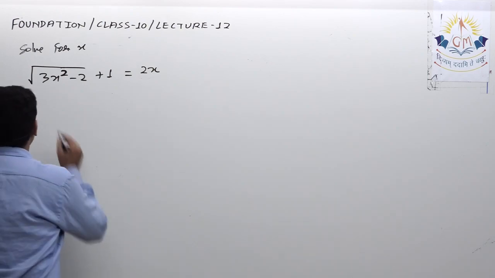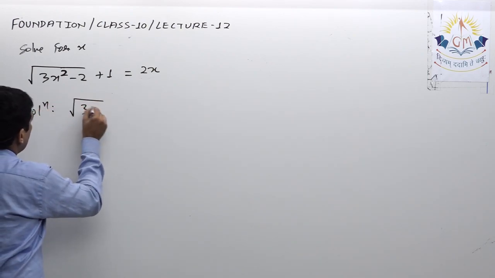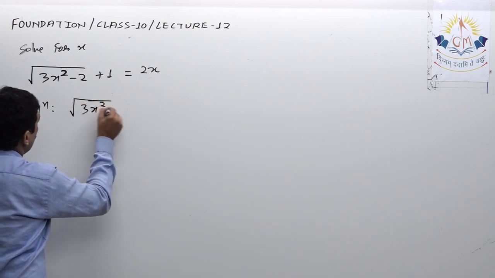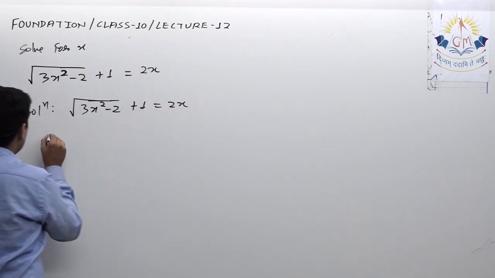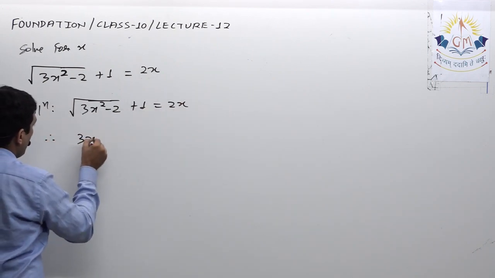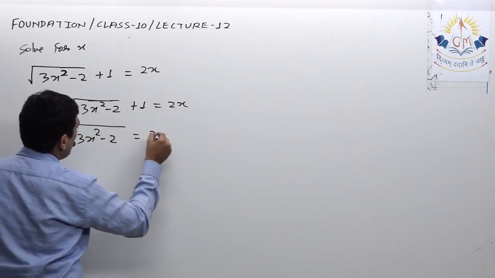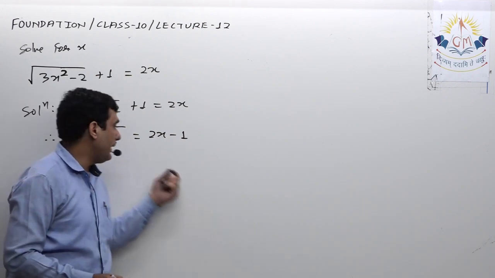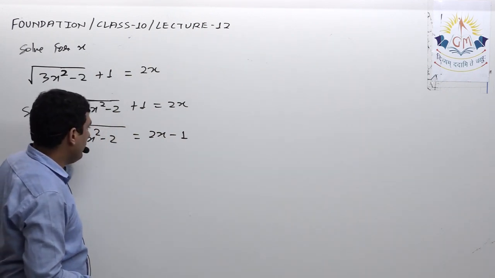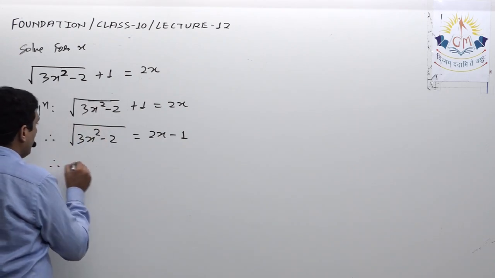So here the solution is 3x square minus 2 plus 1 is equal to 2x. Therefore square root of 3x square minus 2 is equal to 2x minus 1. Now if I square both sides, this square root sign will be eliminated, and over here no square root sign is there. Then I'll get a quadratic equation.